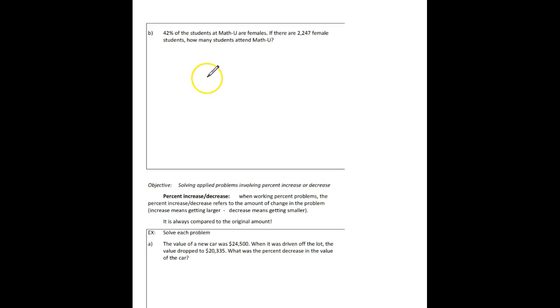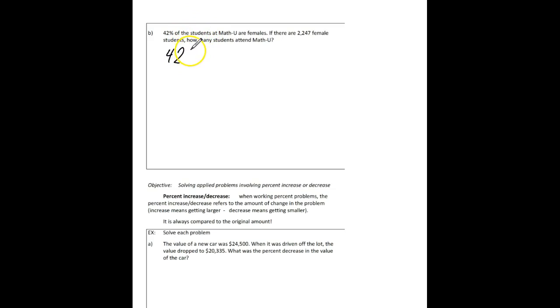42% of the students at Matthew are females. If there are 2,247 female students, that means in total, how many students attend Matthew? Again, I like to think of this as setting it up as 42% of the total students.